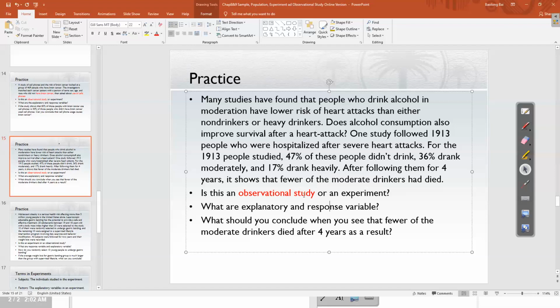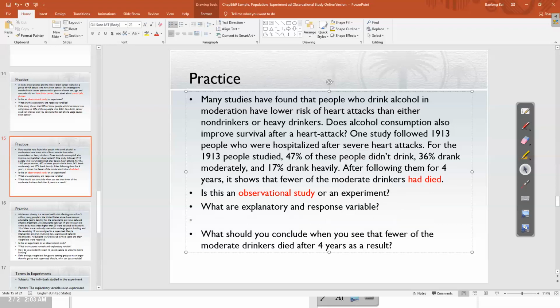Then what's the explanatory variable? What's the response variable? So you need to identify the variables being recorded. One variable is if they die or not, if they survived or not. And the other will be drinking habits, how much they drink. It doesn't specifically list the variable, but you can make up the variable name, right? So drinking habits versus died or survived.